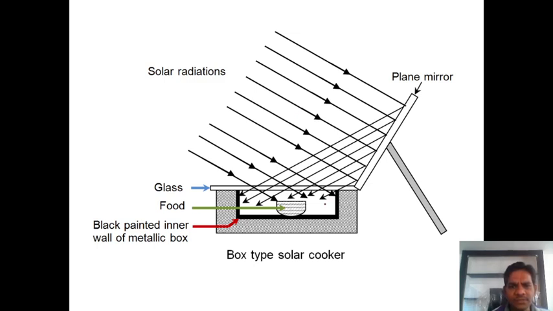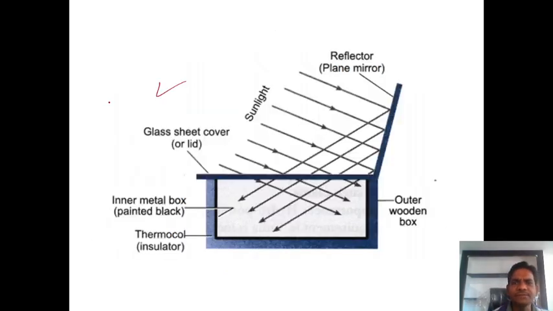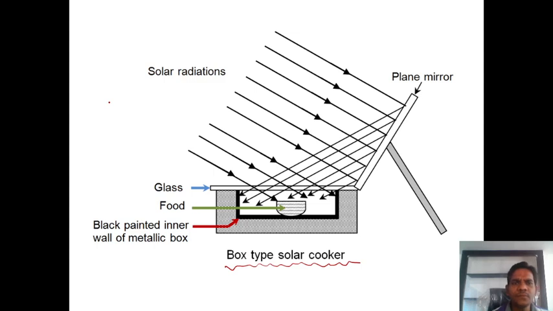Now first of all we discuss this box type of solar cooker. Okay, so let's discuss here now, guys. So what are the components? The main component is glass. Then another, the box type assembly.